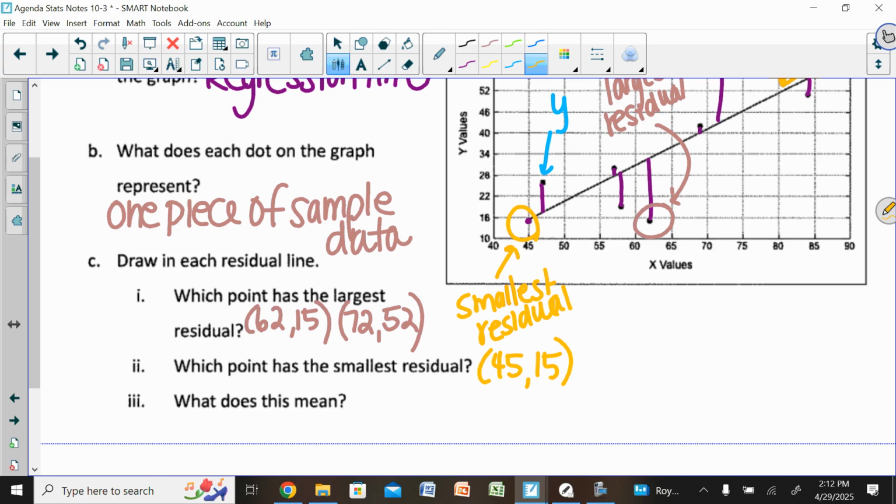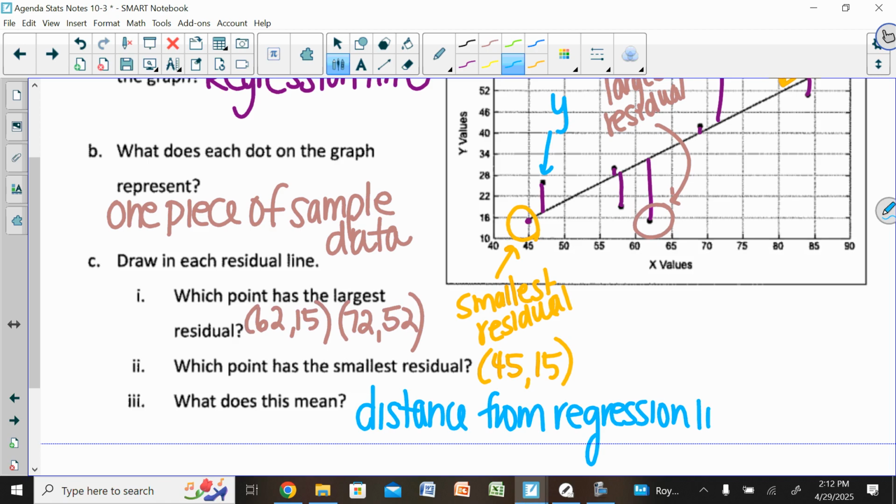It tells you the distance from the regression line. If it has a small residual value, that means it fits very nicely in that data. If it's far from my regression line, perhaps it's an outlier, perhaps it's skewing the data. Remember, we did talk about outliers, regression lines and correlation coefficients.